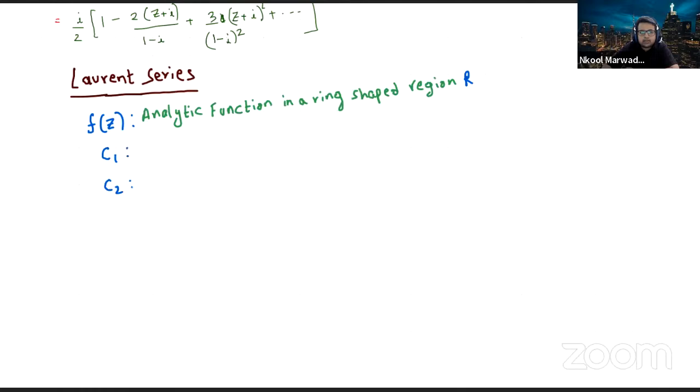I can say the circle with radius small R1.